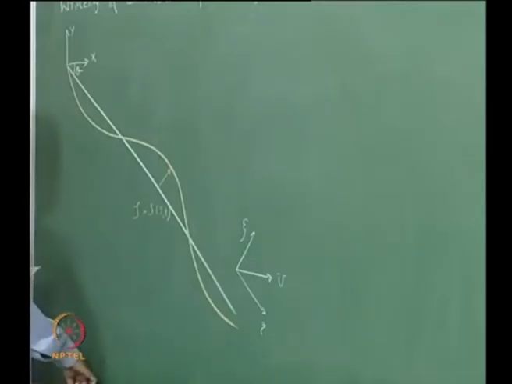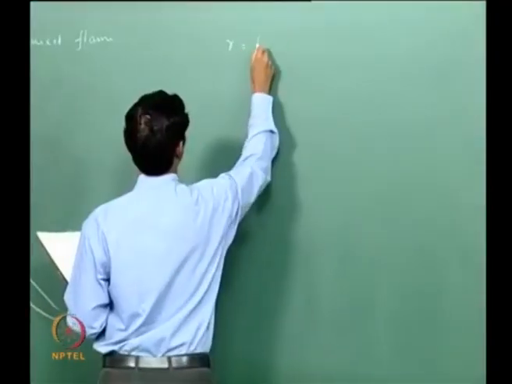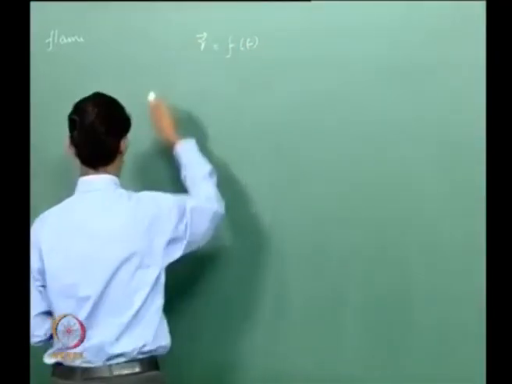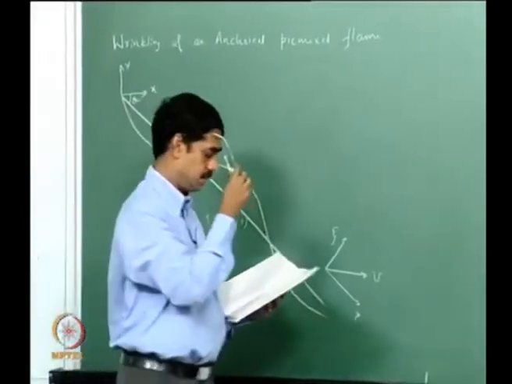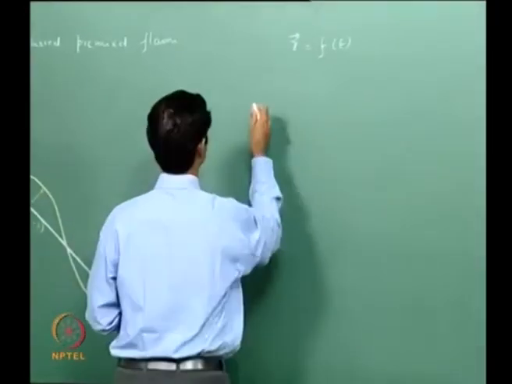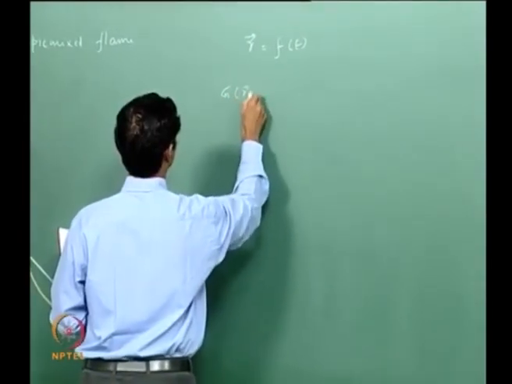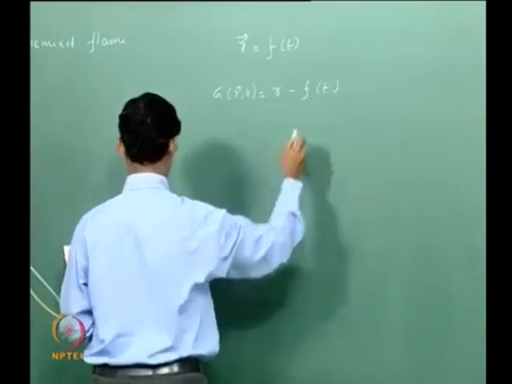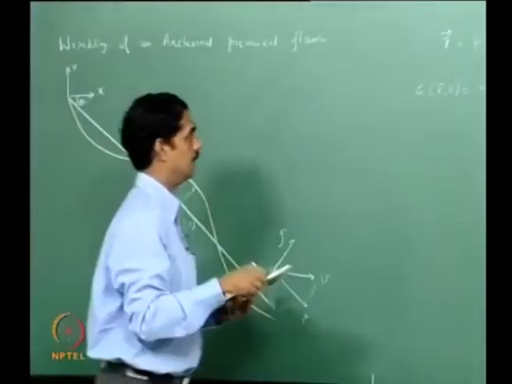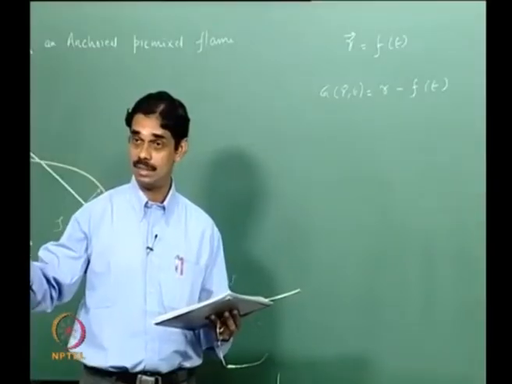So in general I can say r equal to f of t, where r is the spatial coordinate of the flame. So I can say g of r comma t equal to r minus f of t, where f of t is the location of the flame at any instant.